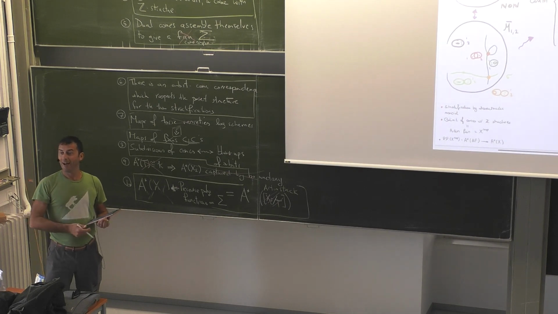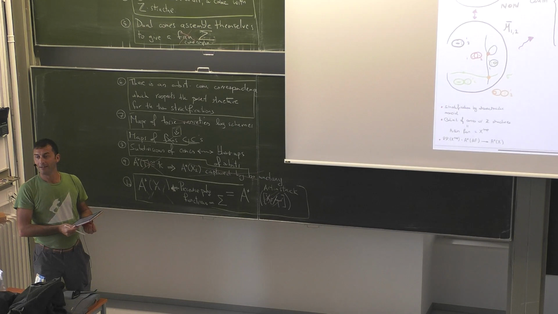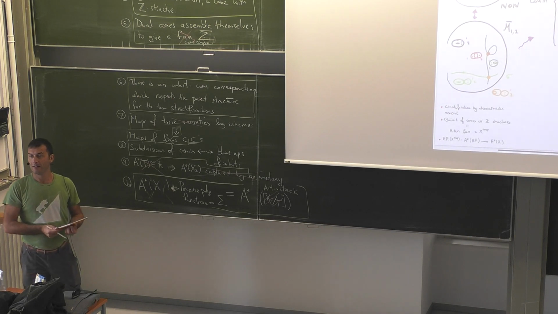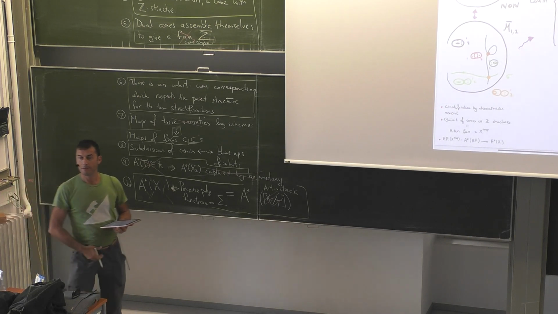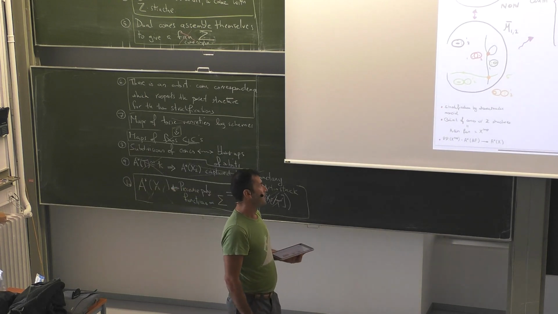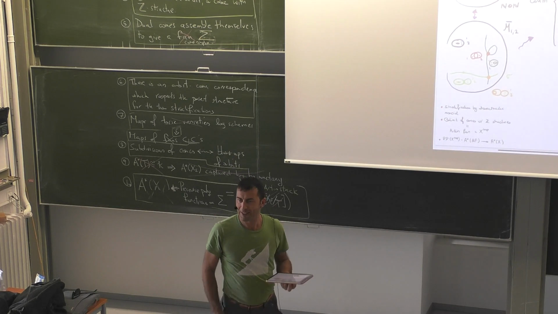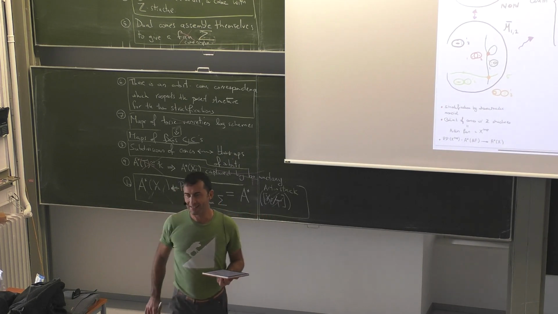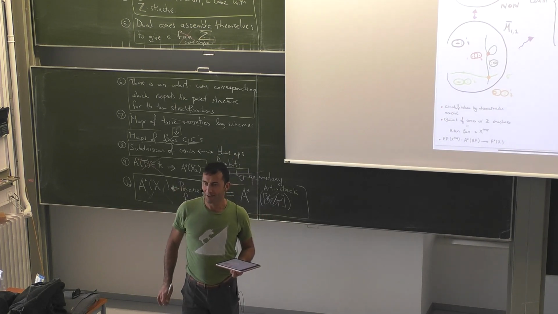You mentioned it's constructed by just taking each cone, looking at the associated toric variety, and then gluing it together? A little bit more complicated than that, but I think that's a good start.